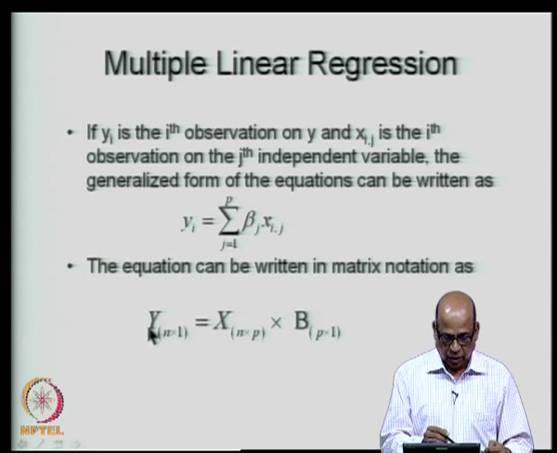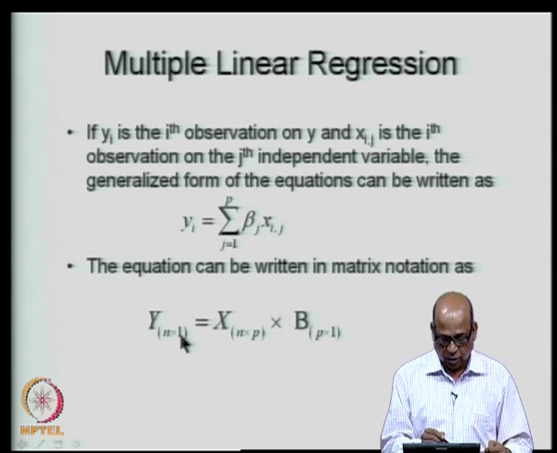So, look at the matrix Y, we have n values. So, it is a column vector, y is n into 1, it has n rows here, is equal to x. Each of the p variables has n values. So, x is a matrix of n by p size into beta, this is capital beta. So, I write it as B, which is a vector, which is a matrix.